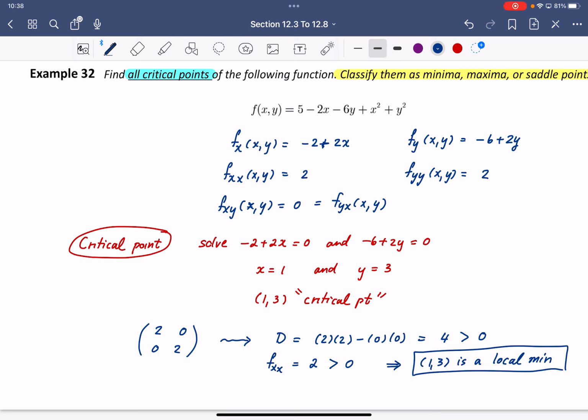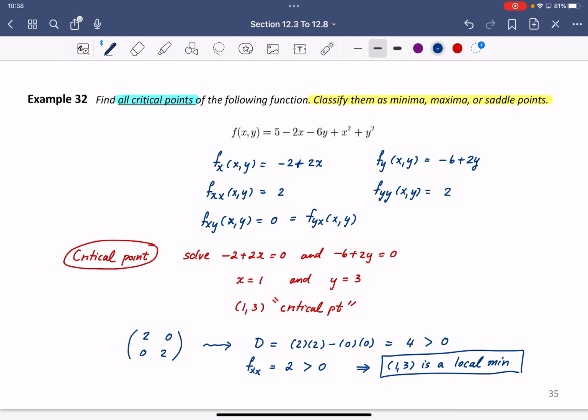This is the case that you only have one critical point as well. Easy one. All right, so I'll let you write down for 1 minute, and then we're gonna do example 33.